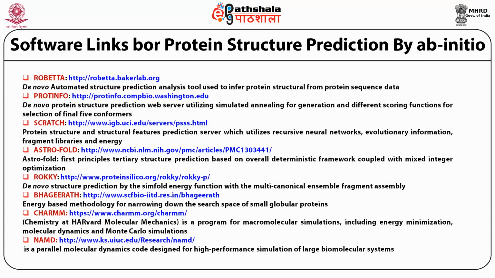There are a number of software links for protein structure prediction by ab initio. They are Robetta, Protinfo, SCRATCH, AstraFold, Rocky, Bhagirath, CHARMM, and NAMD. These softwares are available on the website and can be used by one and all.